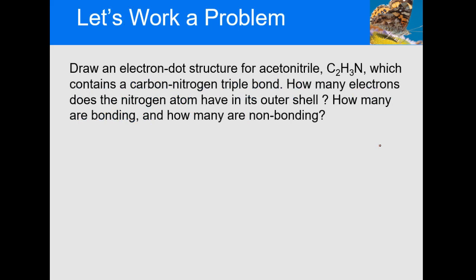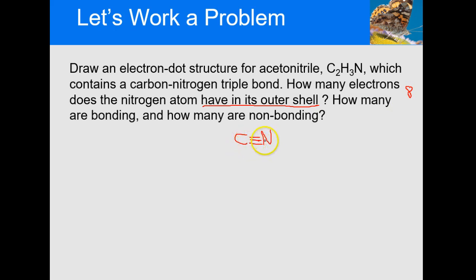Draw an electron dot structure of acetonitrile, which contains a carbon-nitrogen triple bond. How many electrons does the nitrogen atom have in its outer shell? Well, you should be able to tell me automatically. What does everything have? I'll give you a hint: octet rule. If you said 8, good job. How many are bonding and how many are non-bonding?